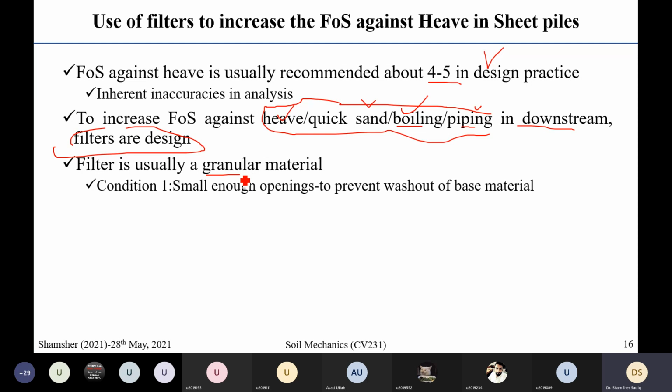Now there are a few conditions. The first condition, by Professor Terzaghi, for the filter is that small openings should be present in the filter.